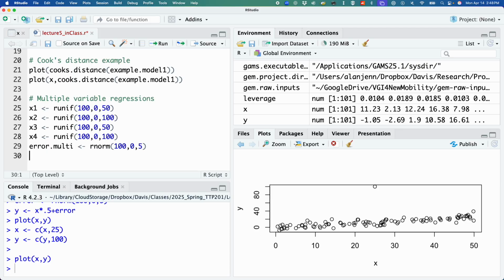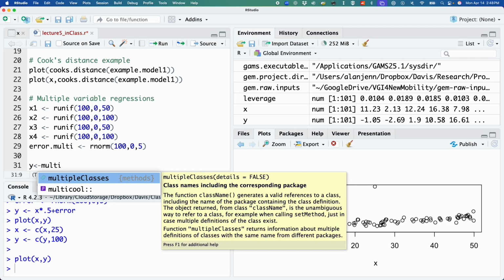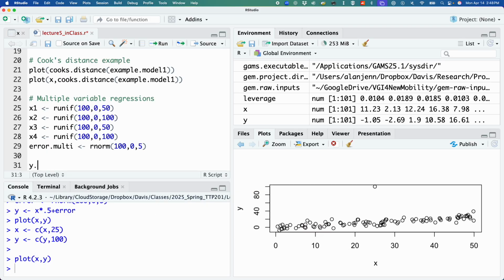I'm building a bunch of data, x1 through x4, and we're going to create a y multi. That's going to be 0.5 times x1 plus 2 times x2 plus error multi.